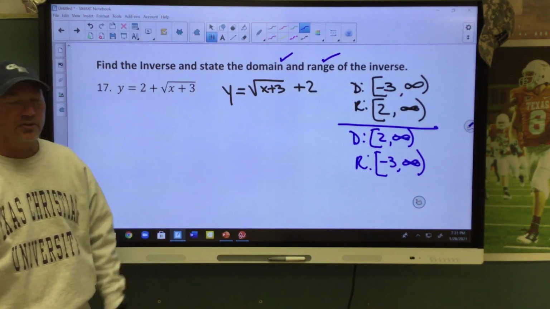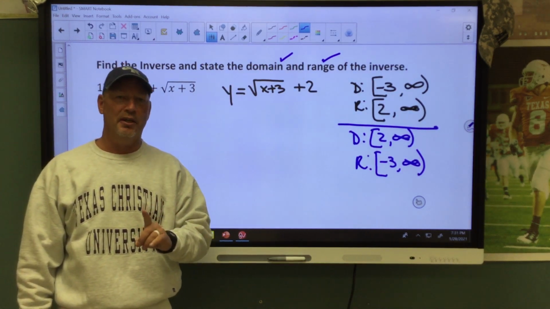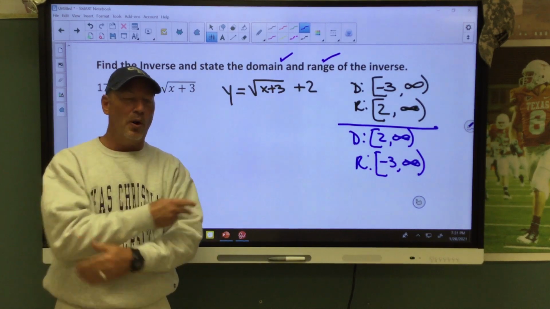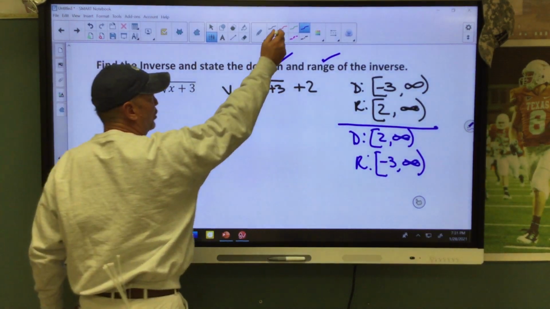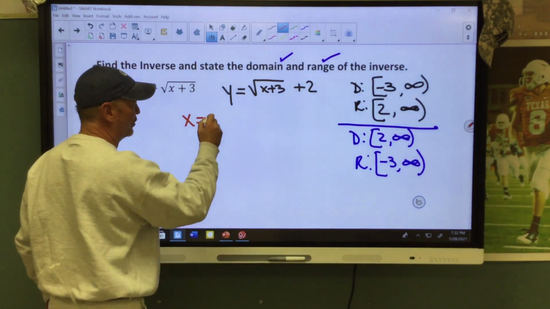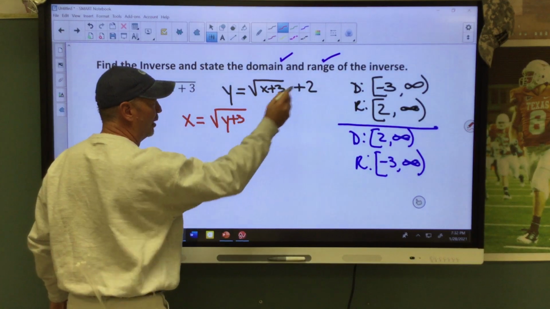Let's find the inverse of this equation. Step 1, to find your inverse, switch places with the x and the y. So we will ask you to write x equals the square root of y plus 3 plus 2.